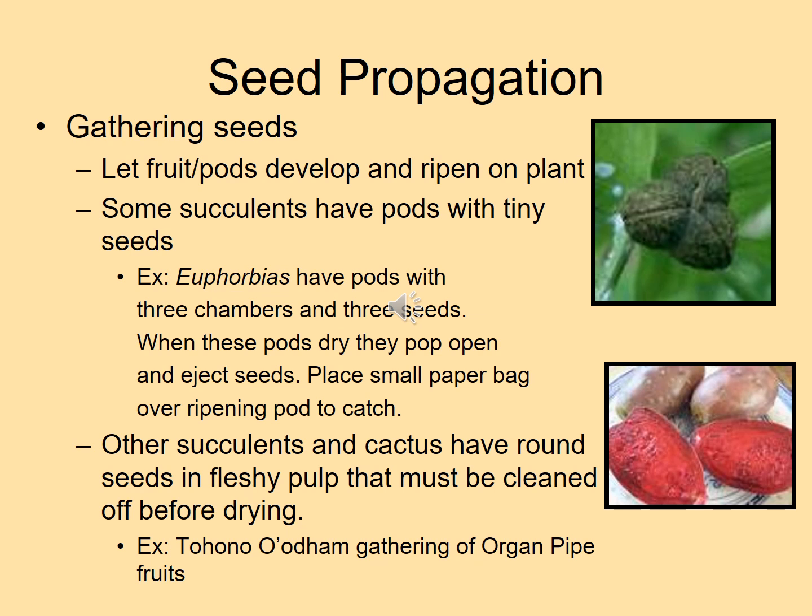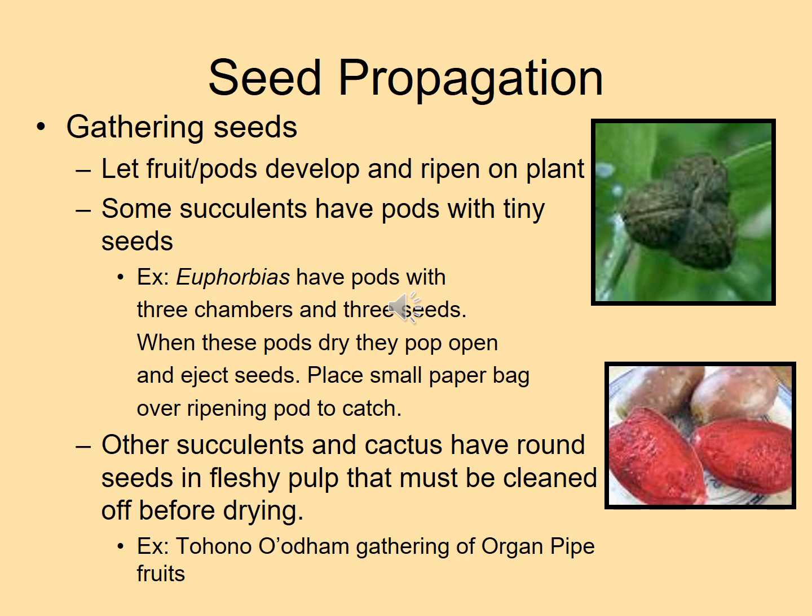Other succulents, like you're seeing in the bottom right, the organ pipe cactus produces these really yummy tunas or fruits on the ends of its columnar stems, and they can be harvested. Dragon fruit also has this type of fruit. A lot of prickly pears or opuntias have these types of fruits, and they can be harvested.